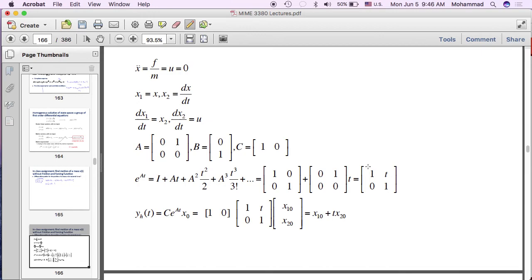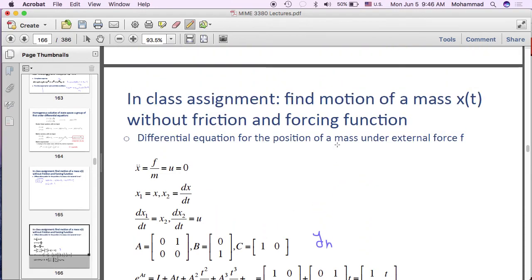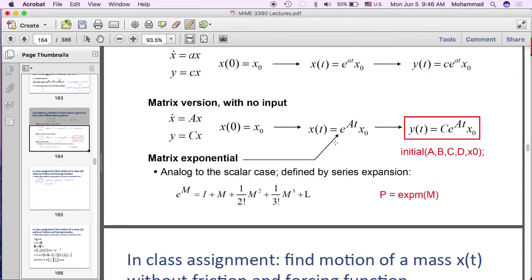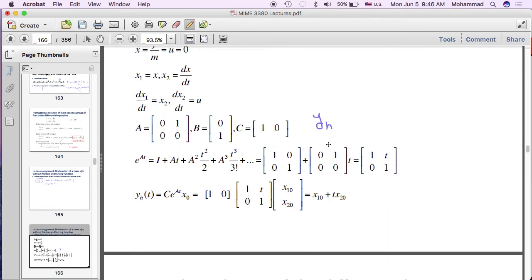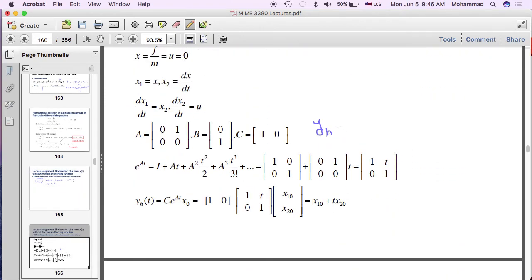Remember, according to what we found, let's look at the equation one more time together. Y homogeneous is C e to power AT times X naught, where X naught is a vector of initial conditions.